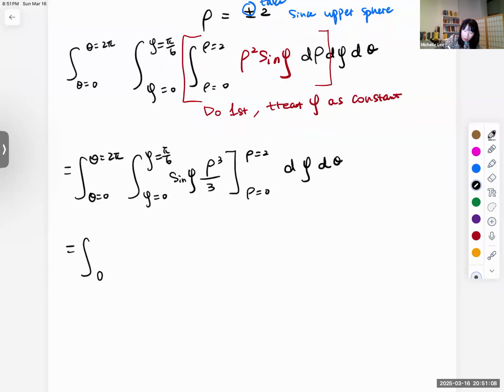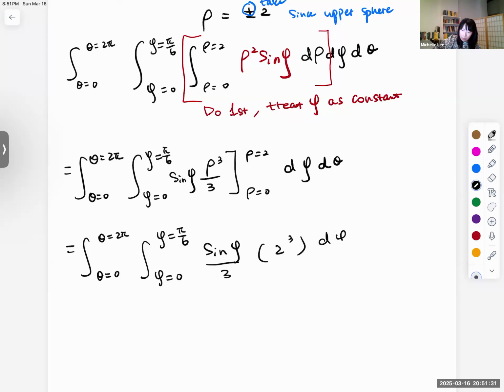So that will be theta from 0 to 2 pi and phi from 0 to pi over 6 of sine phi over 3 times 2 to the third power, minus 0, d phi d theta.